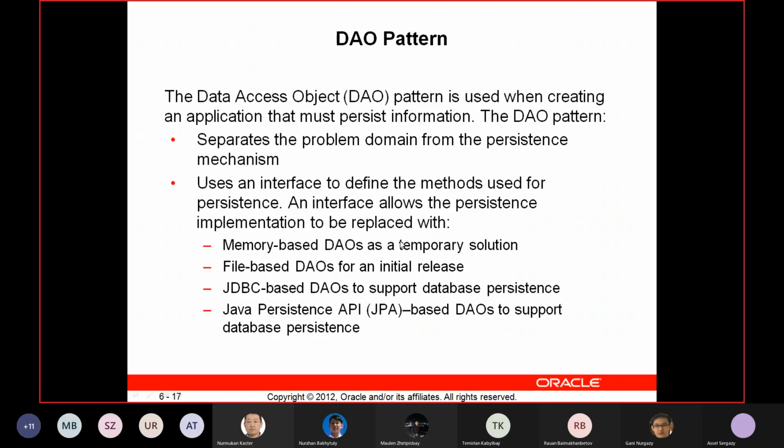So what's the DAO design pattern? What's DAO? It means Data Access Object. Usually it works closely with the database layer. In the database layer you store information, but not only one way and not only one database.